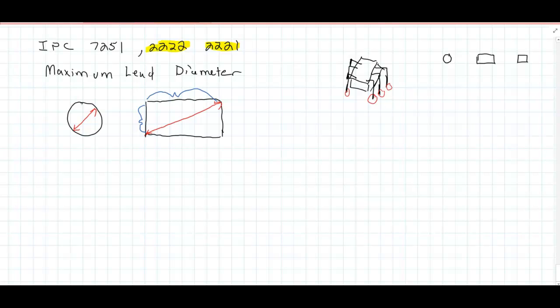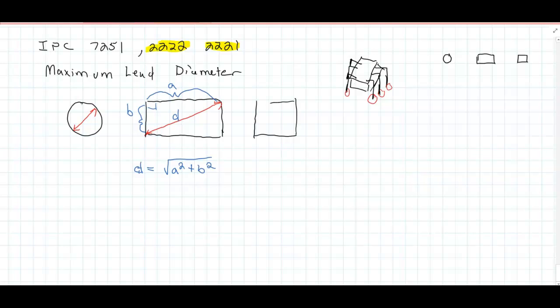But if we find these, it's simple geometry, just using Pythagorean's theorem. If this is A, B, and I'll call this D for diameter, then D is equal to the square root of A squared plus B squared. Nothing strange about that. And for the square, you can probably guess what's going on.